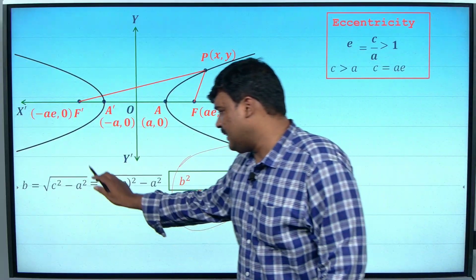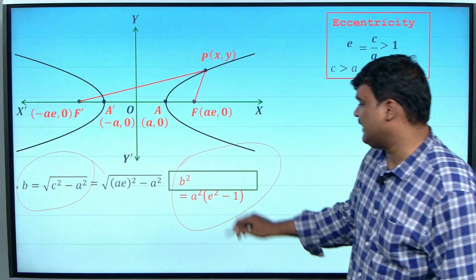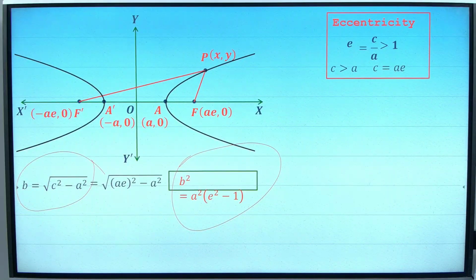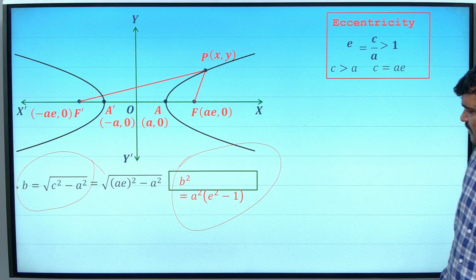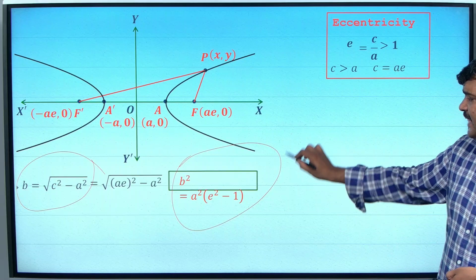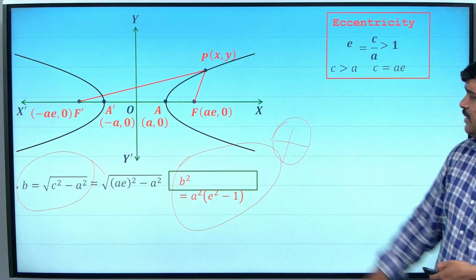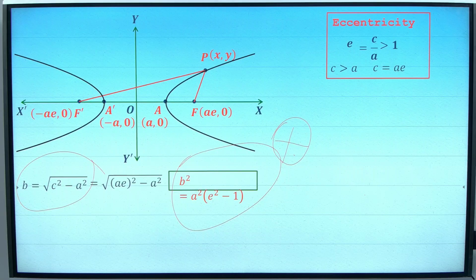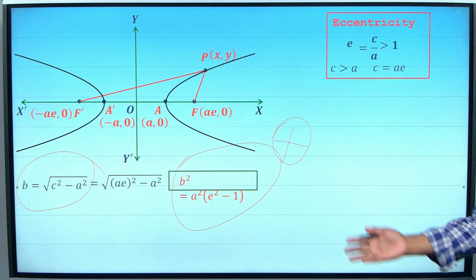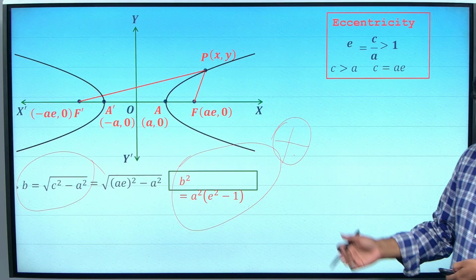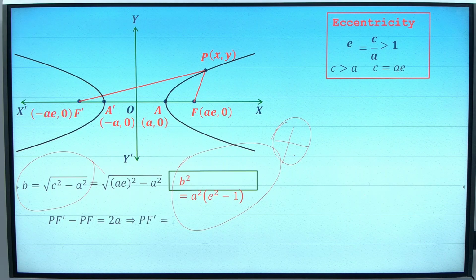From this I am going to get b square equals a square into e square minus 1. Very important, which we are going to use in many sums. If eccentricity, a or b is given, and they ask for any one of the three unknowns, we must find it using this relation, okay.